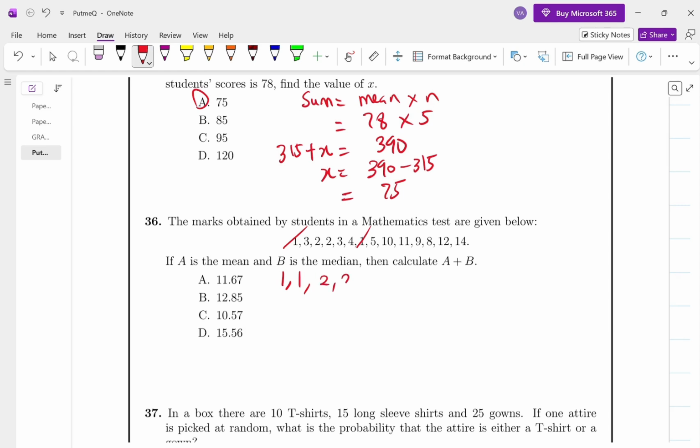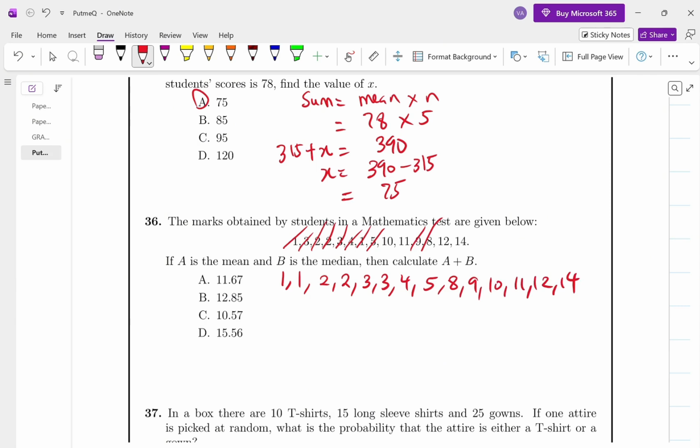So 2 twice. I can see there's 3 twice. 3 twice. I can see there's a single 4. There's a single 5. There's a single 8. There's a single 9. Then 10, 11, 12, and 14.